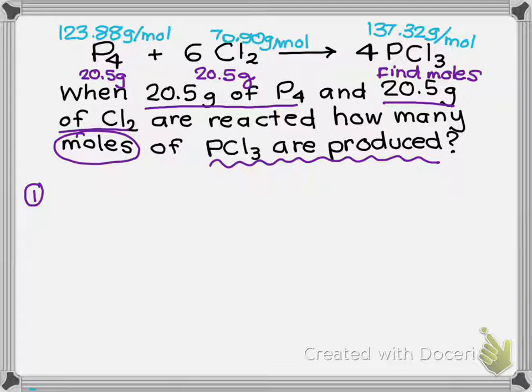My first step is going to be to convert grams to moles, and then the second step is going to be to go from moles to moles. So I'm just going to start with the P4 just because it's first there. I have the P4, and my first step is to convert that into moles by dividing by the molar mass.